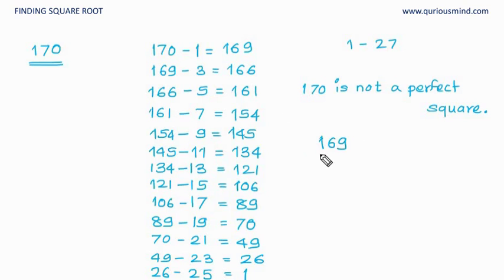And if it was 169, with 1, 2, 3, 4, 5, 6, 7, 8, 9, 10, 11, 12, 13 steps, I would have reached 0 in 13 steps. So 169 must be the square of 13. So you can also find that out. You can take a few examples which will tell you which is the closest perfect square, and then you can find the remainder using this. The positive remainder indicates that if you subtract it from the number, you will get the perfect square.